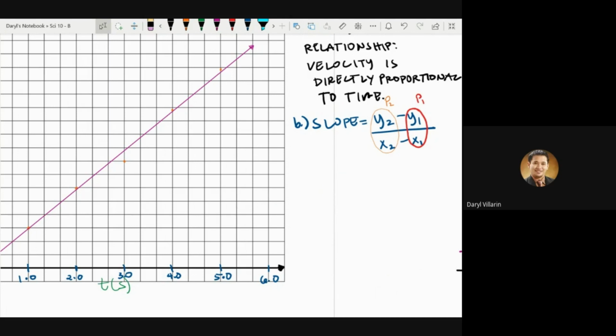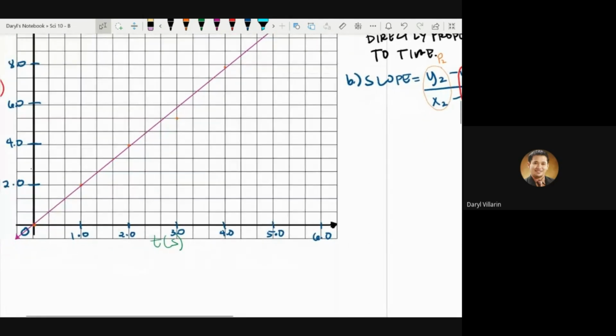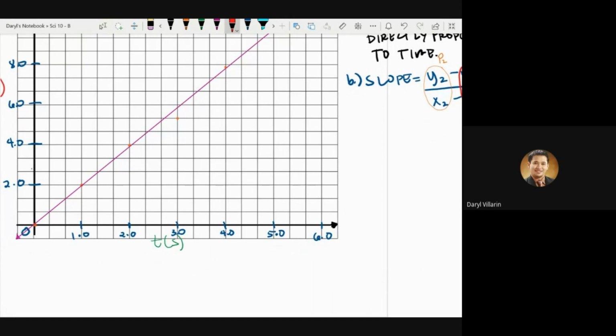In getting the slope of a line, all you need to do is identify this P1 and P2. For easier calculation, if the line hits the origin, you can always use that as your P1. So this is my P1, which is at 0, 0. And the second point, I need 2 points. Remember that I can use any of the points that hit along this line. For simplicity, I've seen that this particular point also hits that line. So this is my P2.